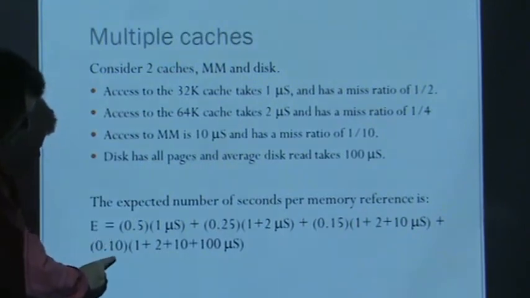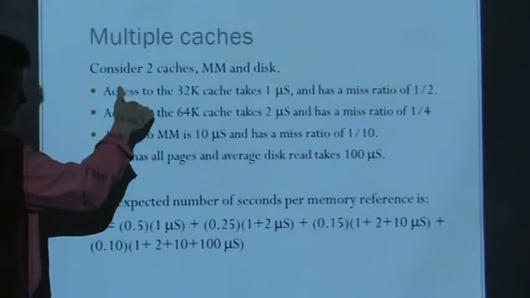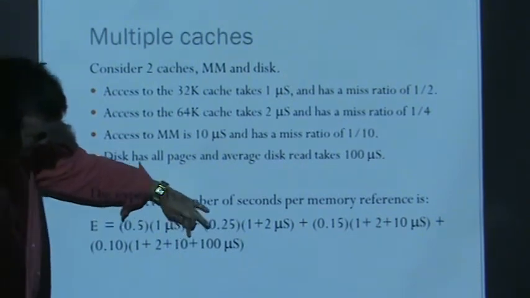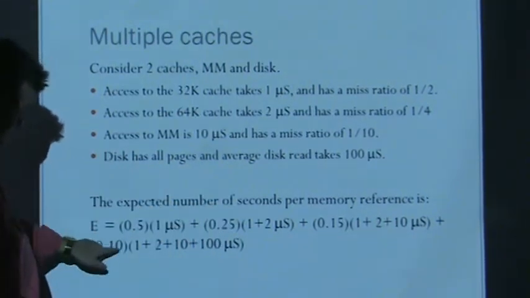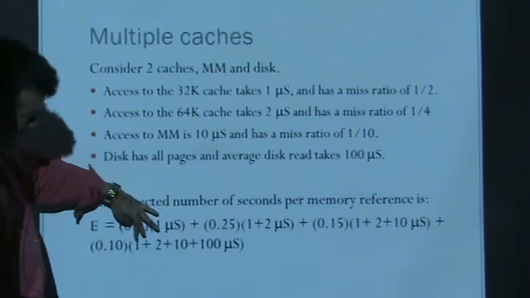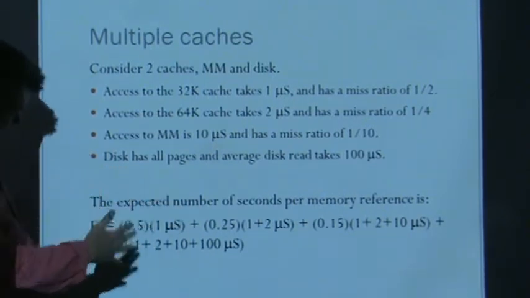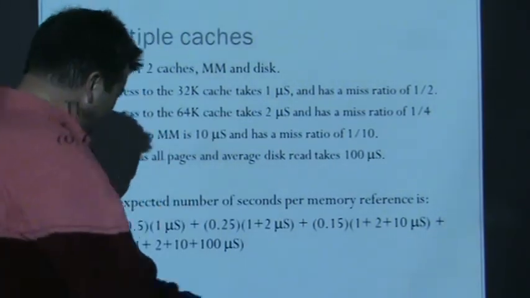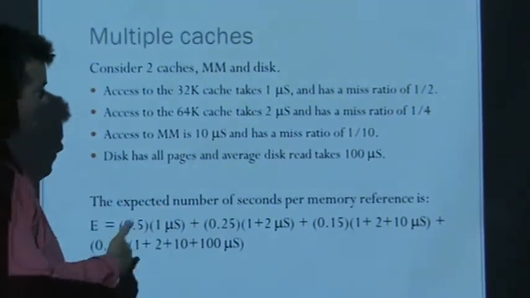So 10% of the time, we're going to go through everything and have to go out to the disk drive. So 10% of the time, it'll take 1 plus 2 plus 10 plus 100. So 10% of the time times 113. And then you add all this up. I don't know if anyone has a calculator or Excel, but then you just add that up, and that would give us our average.